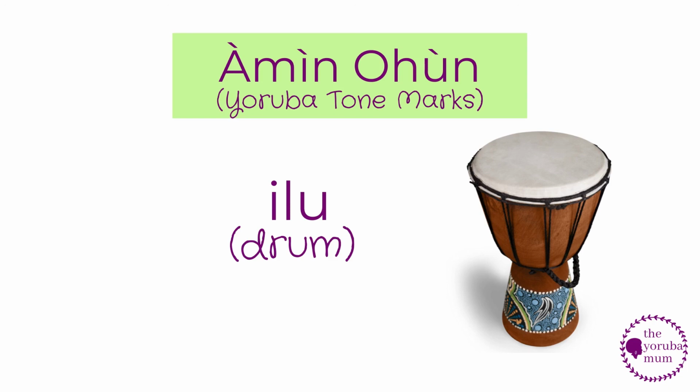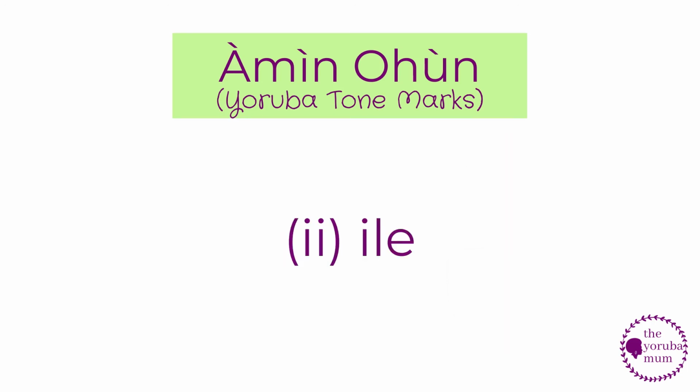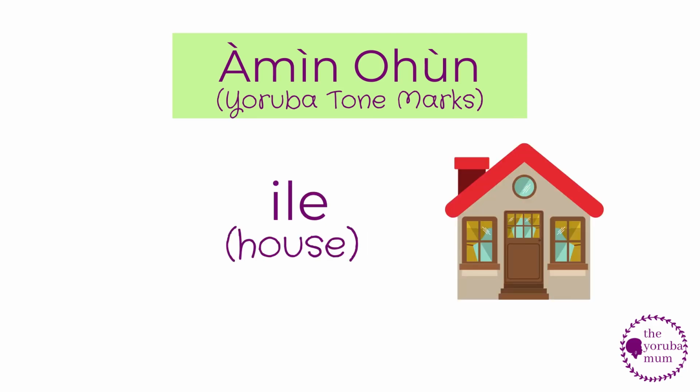So work on it by yourself and put the answer in the comments below. What are the tone marks on the word ilu? The second word is ile. Ile means house. Find the tone marks that go on the word ile and put the answers in the comments below. I'll be looking forward to reading from you.